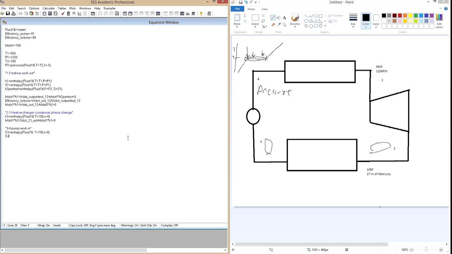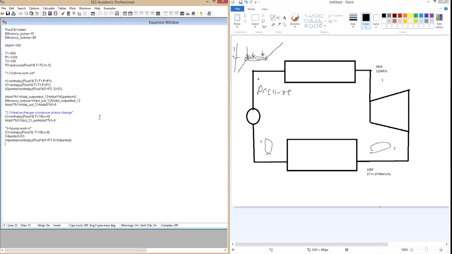So S4 perfect would equal S3. You don't have to do this step. But H4 perfect is going to be enthalpy, fluid 1. Now T, well, I don't know the temperature after a pump, so I can't use T. But I do know the pressure after a pump. And it's going to be P equals, I'm just going to do P1, which is the 1250. I could write P1 equals P4. I'm also going to do S equals S4 perfect, although I could have just written S3.